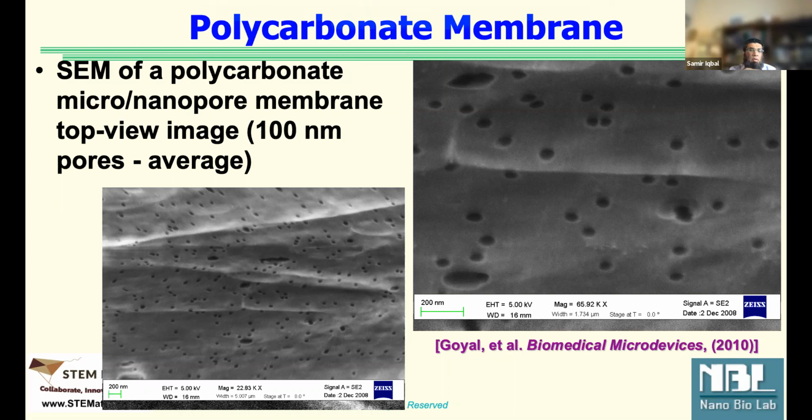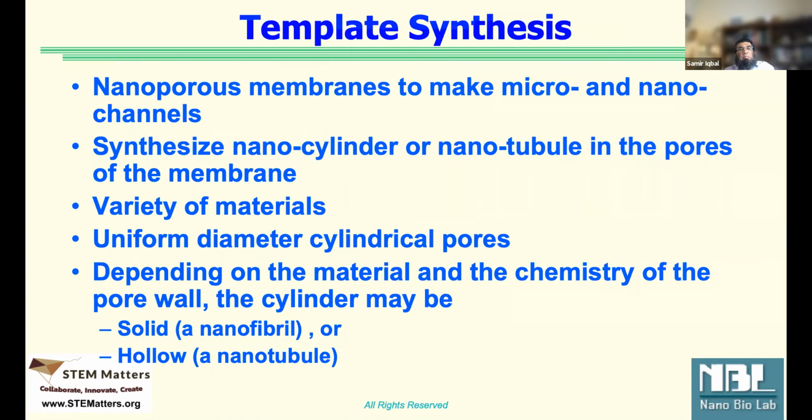It's where they throw ions at a membrane, and those ions etch and leave a track in those membranes. Now these membranes have been used to template synthesis of many other materials, micro and nano level cylindrical things, or they have been used themselves as channels.